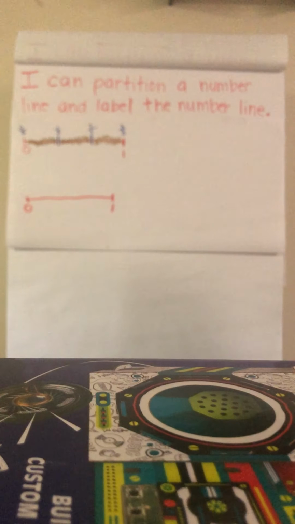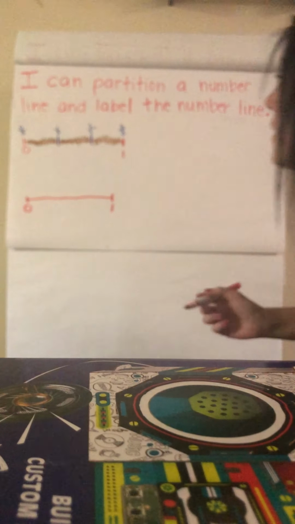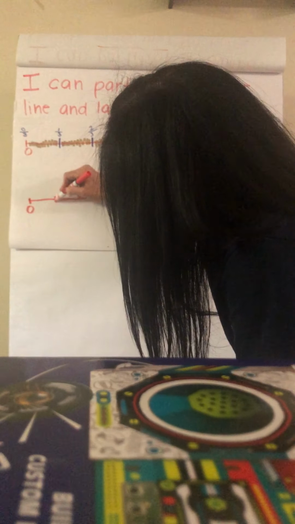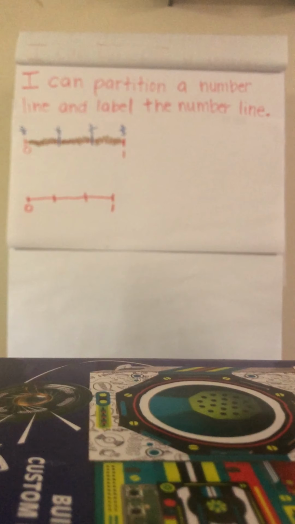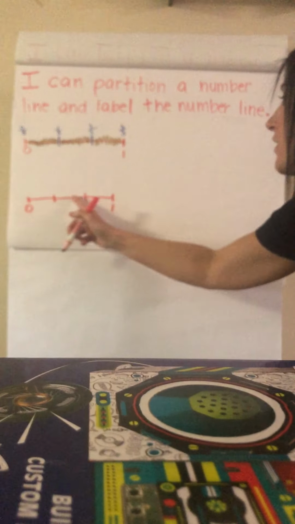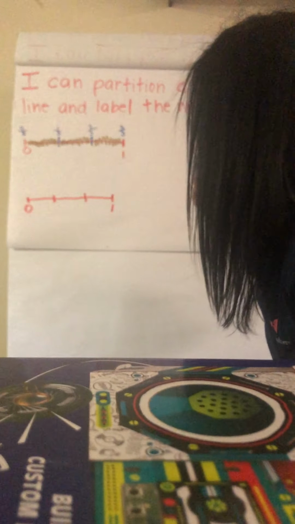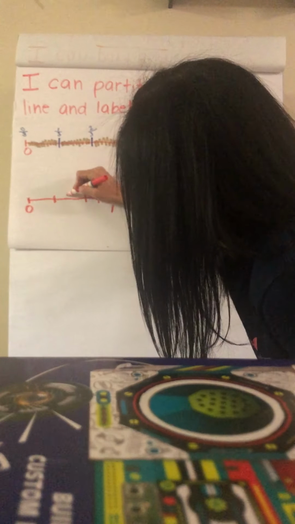And again, I'm going to make 6 equal pieces. I know that I'm breaking this number line into 6 equal parts, so I'm first going to make thirds. And then I'm going to just break my thirds into half, because I know that if I multiply 3 times 2, that'll give me 6.